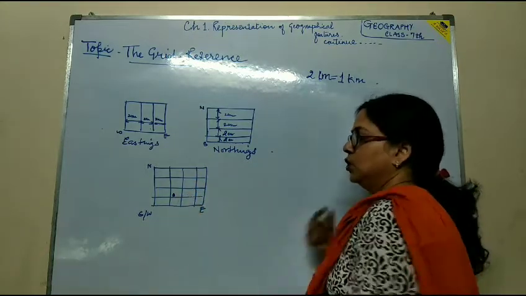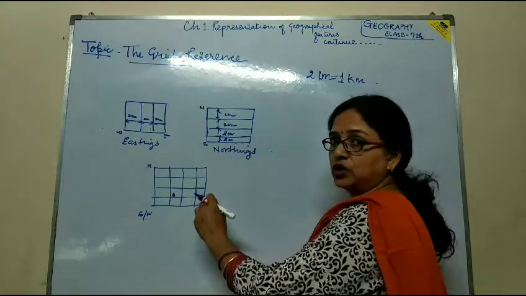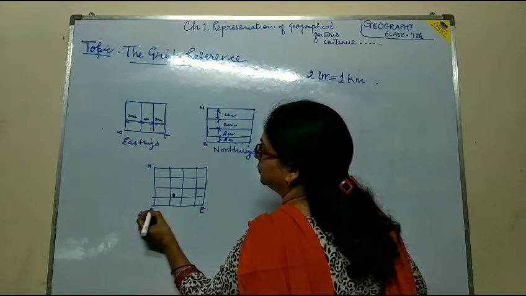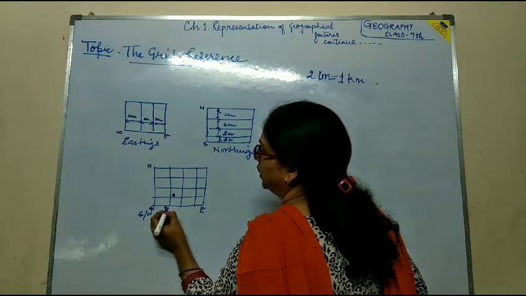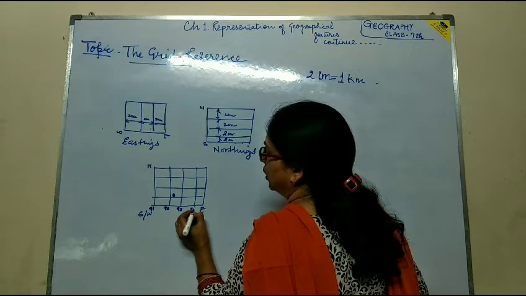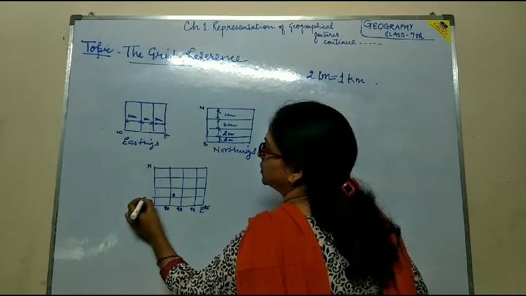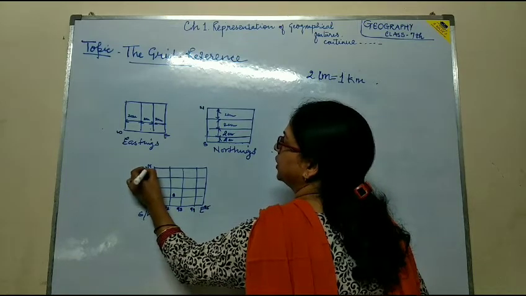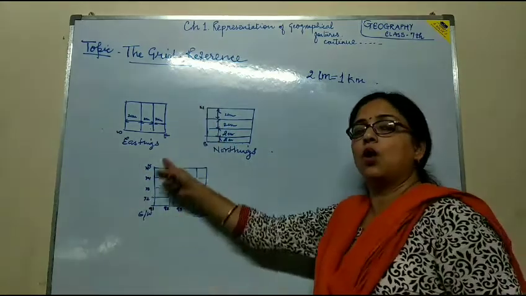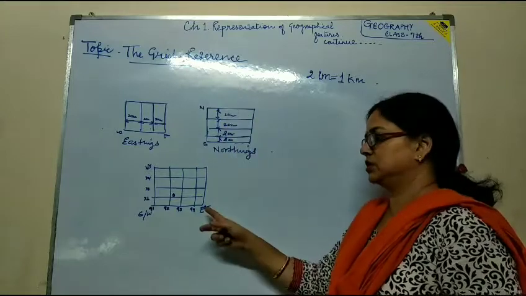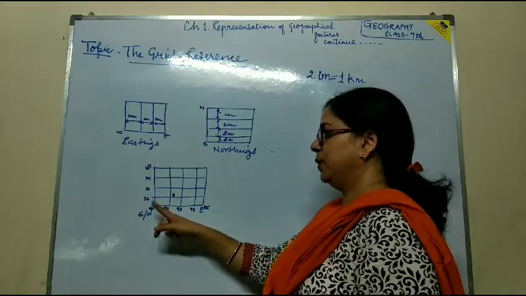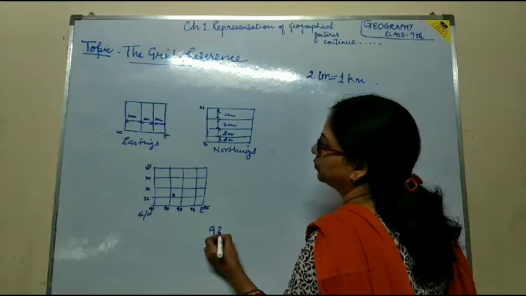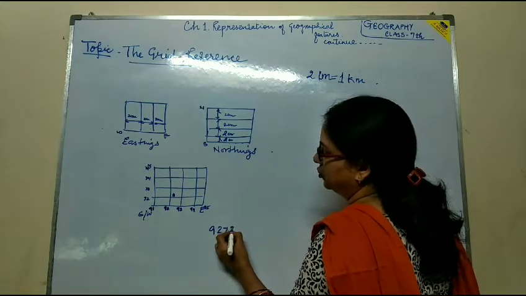To read its location, we see the numbers 91, 92, 93, 94, 95 and 72, 73, 74, 75. These are the distances on the ground in hundreds of meters. So the location of the temple, we will write as 92 and 73.